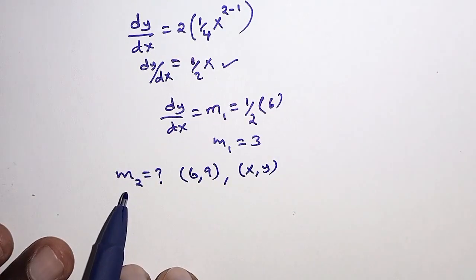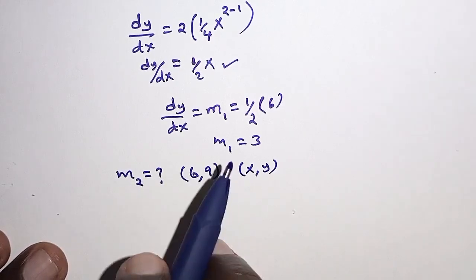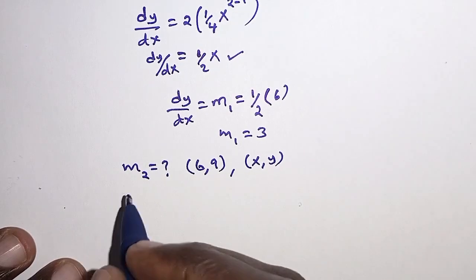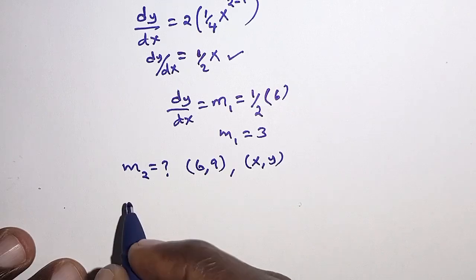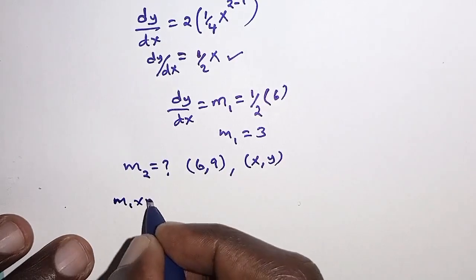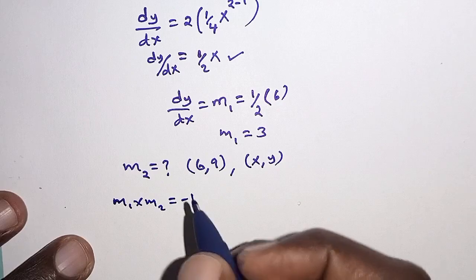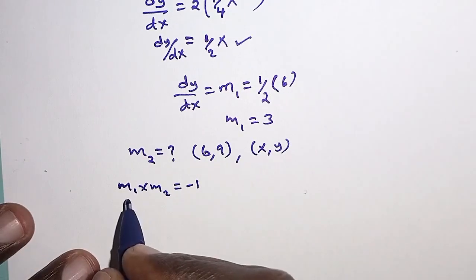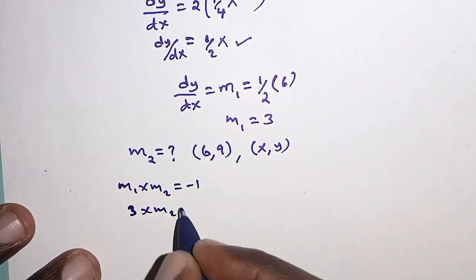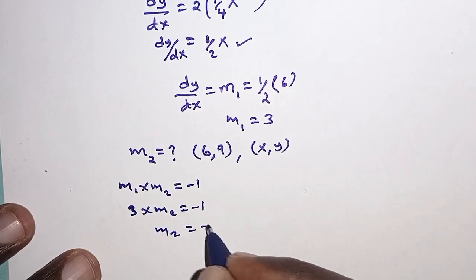So the next task here is to determine the gradient of the normal line, that is line 2. We know that the gradients of two perpendicular lines multiply to give us -1. So m1 times m2 is equal to -1 because they're perpendicular to each other. m1 we already have as 3, so we have 3 times m2 is equal to -1. Therefore m2, dividing both sides by 3, is -1/3.